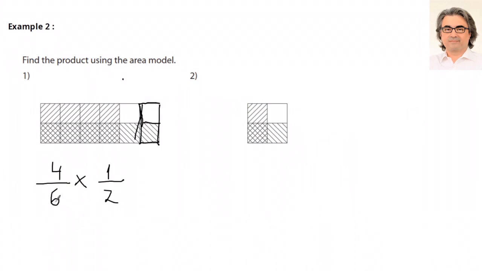I think you understood the meaning of 4 over 6 and 1 over 2. We are multiplying them. If you multiply them, multiply numerators with each other. 4 times 1 is 4 and 6 with 2, 12. 4 over 12 is the final result.